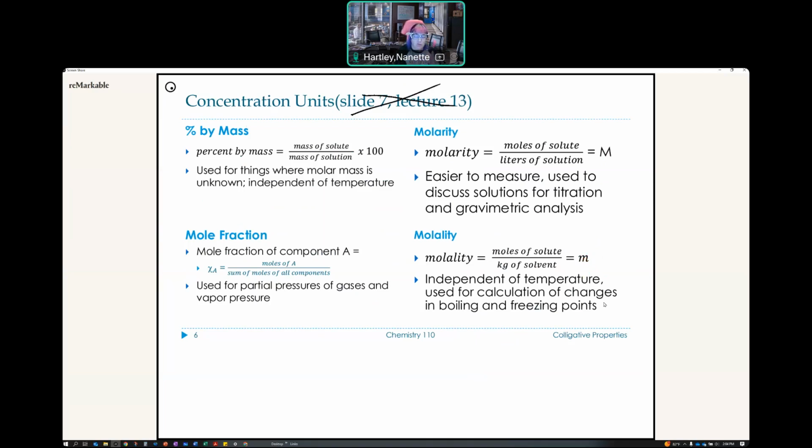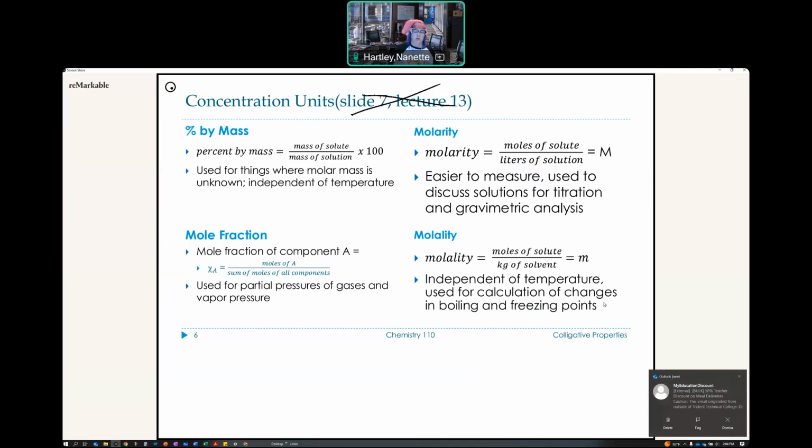So the reason that we use molality as moles over kilograms is because that does not change. Our volume, these liters, is dependent on the volume of that solution. And the volume changes as the temperature changes. So as the temperature goes up, that volume goes up.